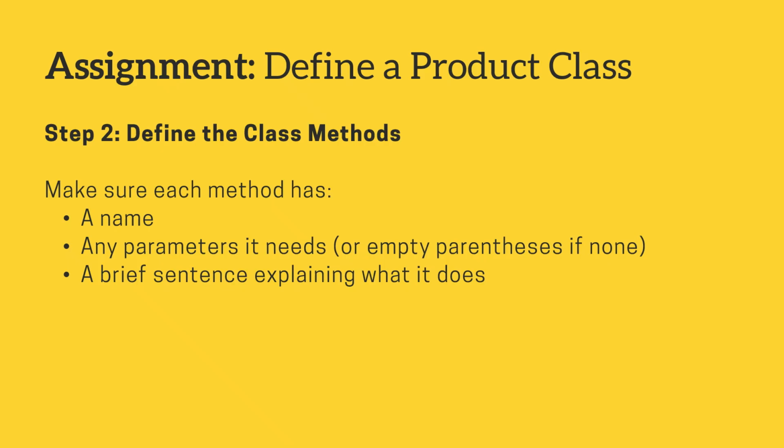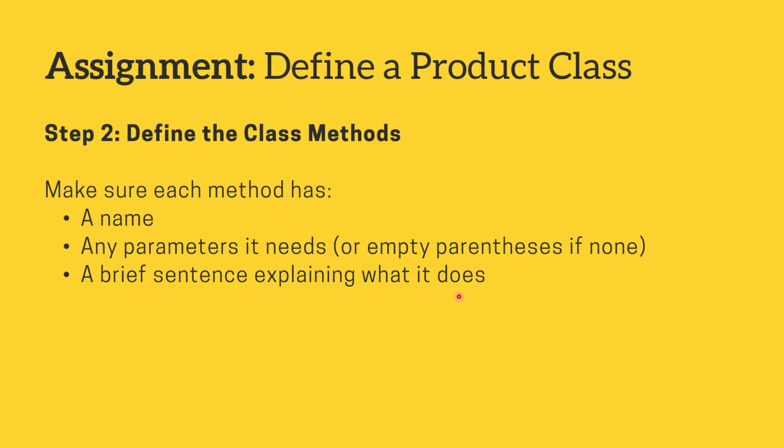And then underneath that, you'll write a short, maybe 1 sentence description of what that method does. You'll do that for each of your methods. So make sure that your method has a name and any parameters that it needs. If it doesn't need any parameters, then have empty parentheses. And then a brief sentence explaining what it does, okay?